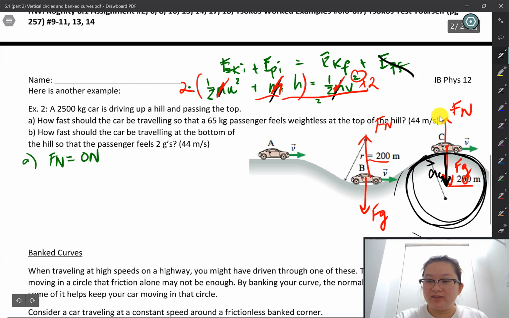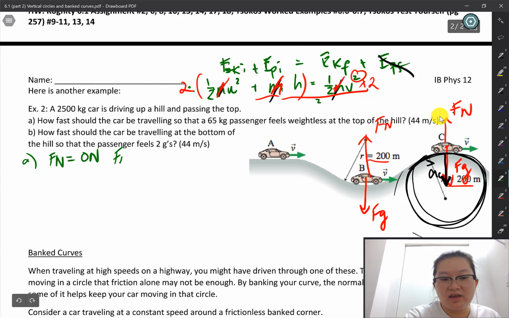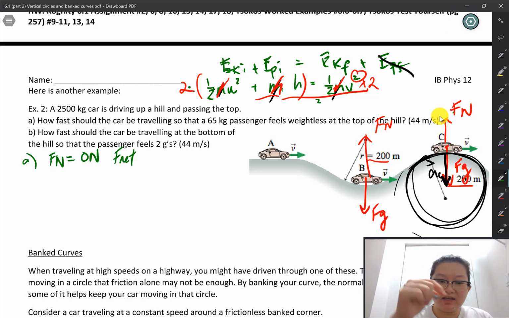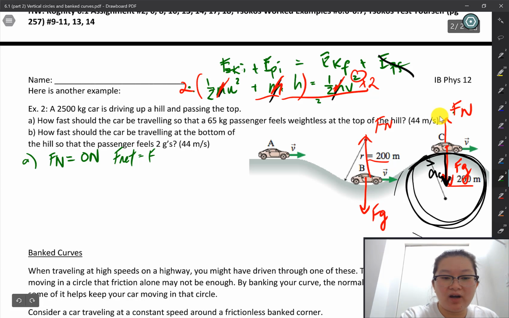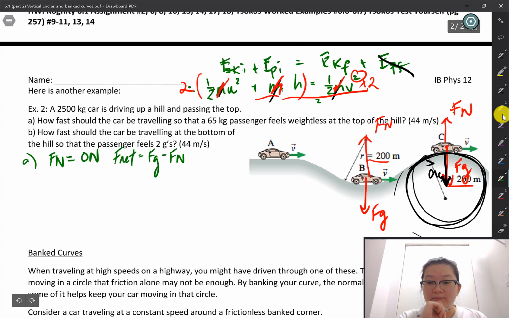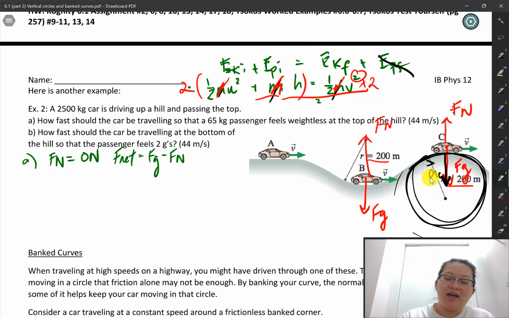So when we write our Fnet equation for the centripetal acceleration, Fg is pointing in that direction, so Fg is positive. We would have to subtract Fn in this case. We have to subtract Fn because Fn is pointing away from the center of the circle. In fact, enough Fn is pushing the car away from the center of the circle that Fg, which can only be so much, won't be able to. Well, there's a lot of factors at play.